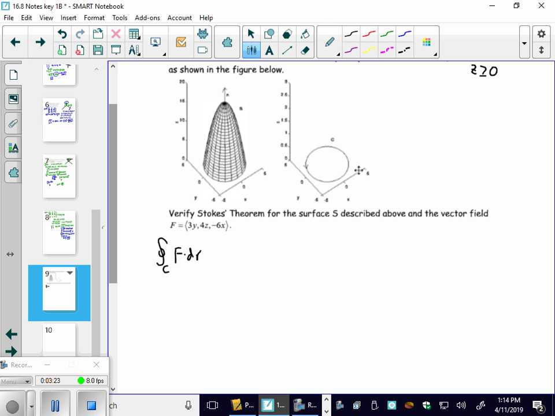So again, what we're going to need to do is parameterize this thing. So we're going to have x equals, well, let's see, our curve, which is what we're talking about here. I'm sorry, yeah, our curve is really this piece right here.